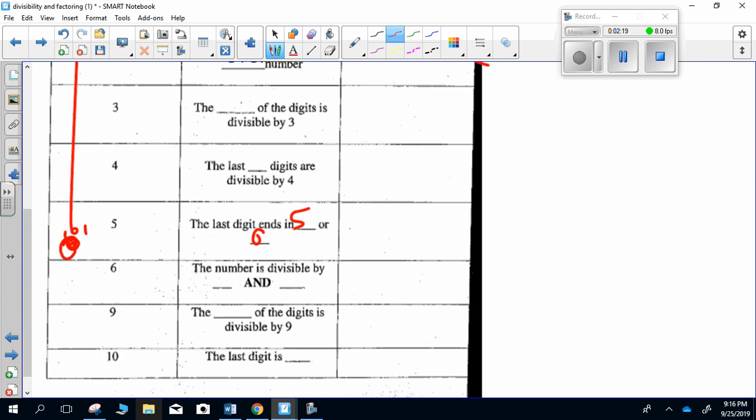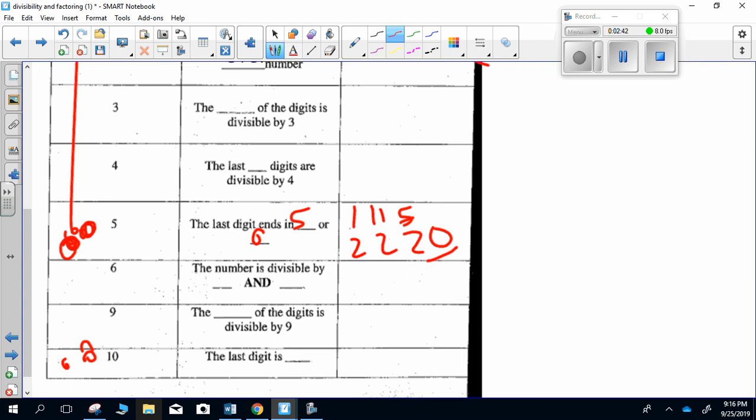I can draw my little eyeballs here. If I've got the number 1, 1, 1, 5, that number is divisible by 5. 2, 2, 2, 0, that number is divisible by 5 as well, because numbers that are divisible by 5 end with 5 or 0.